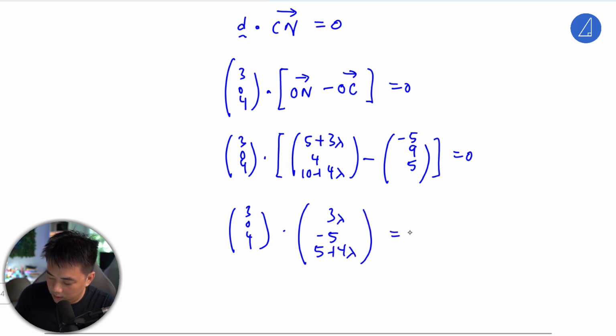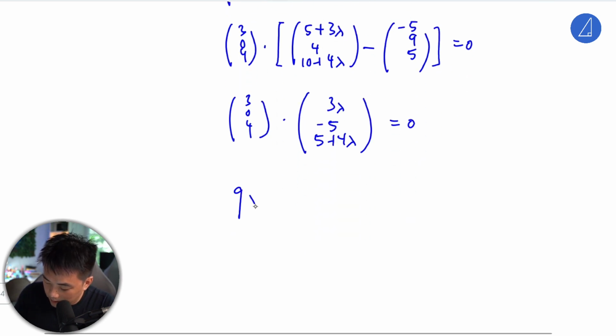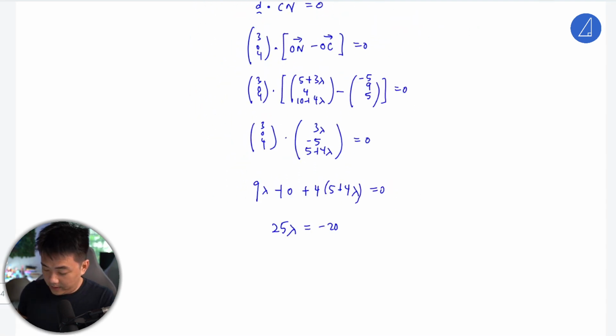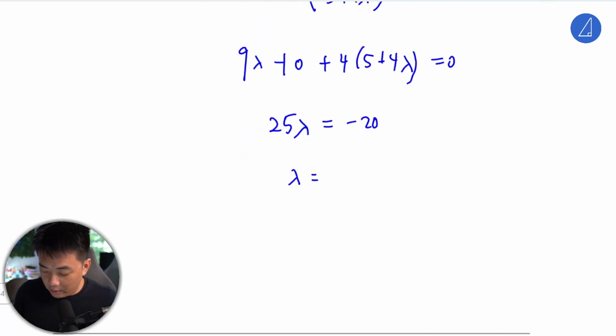I think it's pretty okay. Then just dot them: 9 lambda plus 0, plus 4 times (5 plus 4 lambda) equals 0. So for lambda, from here, lambda will be negative 20 divided by 25, which is negative 4/5.